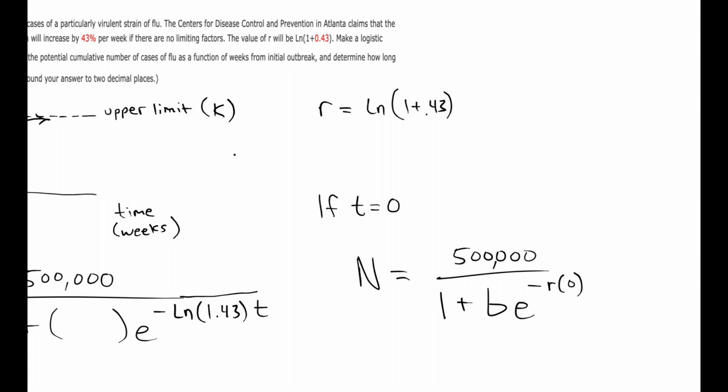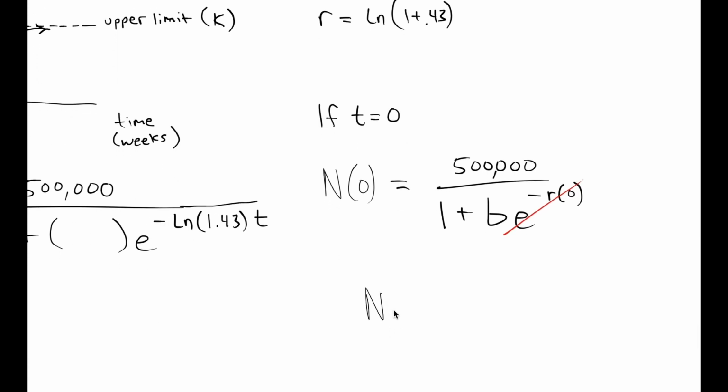If the time is 0, anything to the 0 power just becomes 1. So what this creates then is we have n of 0 is going to equal the initial case count, equal to 500,000 over 1 plus b. So that initial case count was 848.